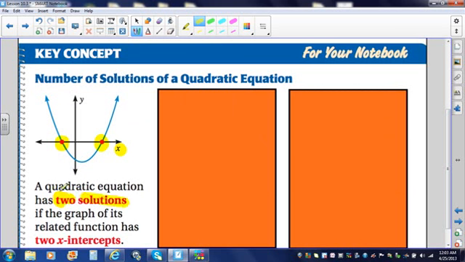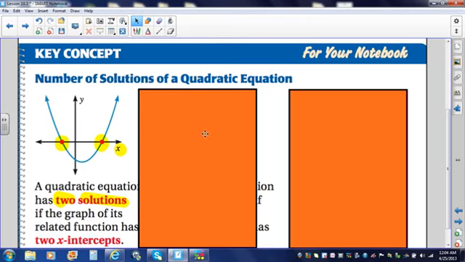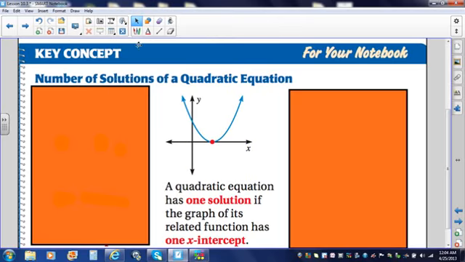That is really tricky. No! I know it's not, I'm just joking. Likewise, if we have a parabola and it touches the x-axis at one spot, we say that the parabola has one solution.